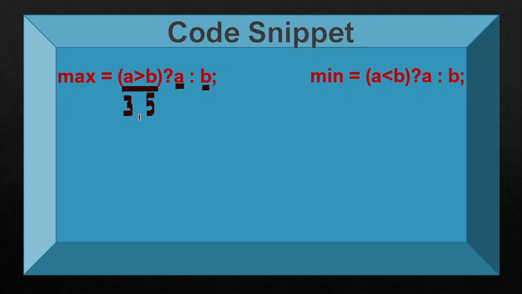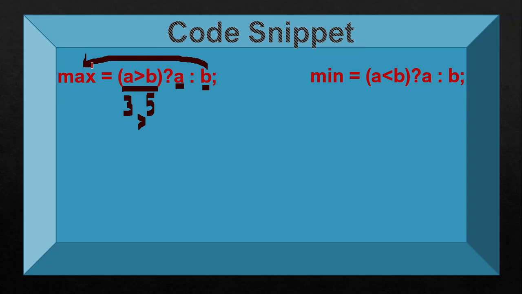Whenever 3 and 5 are compared with the greater than operator, obviously 5 will be the maximum, which means expression 1 is false, so b will be stored to max.